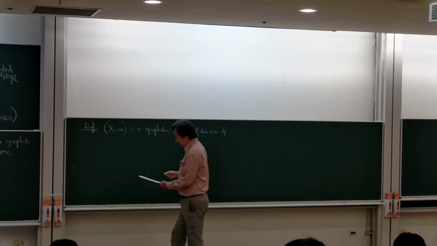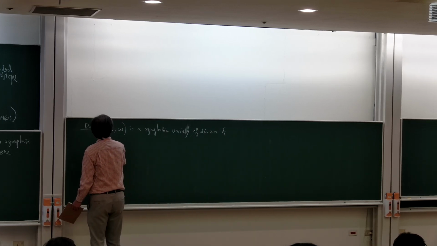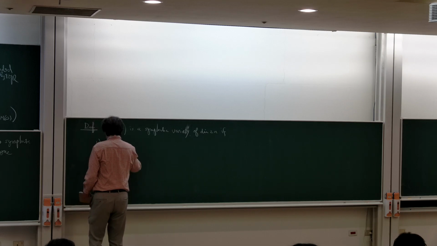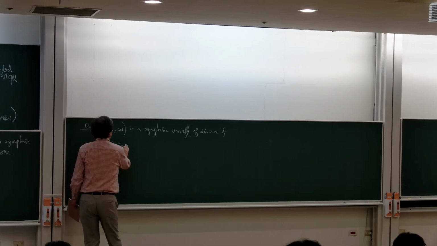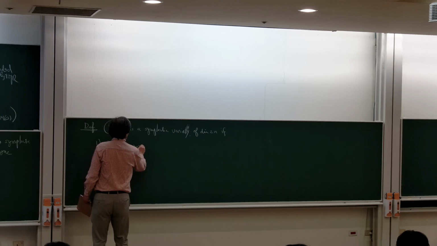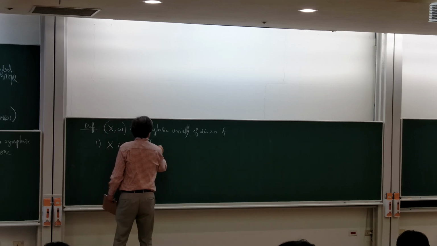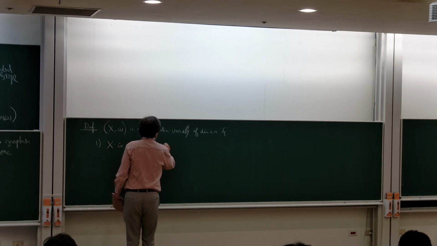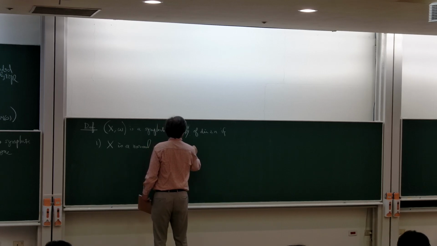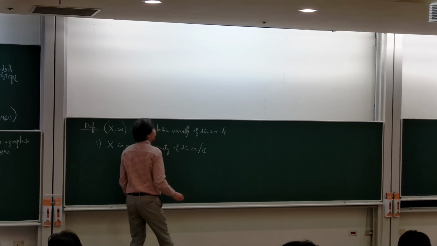First, X is a normal variety over C of dimension 2n.